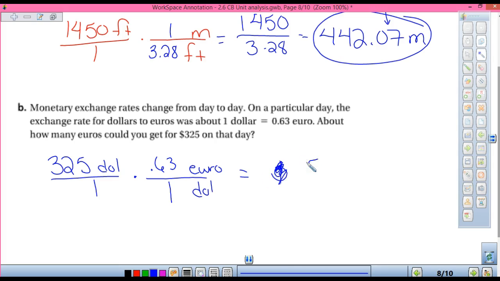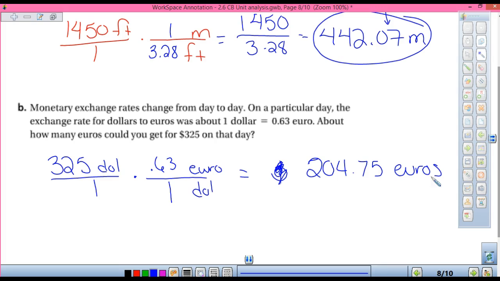It's not $204.75, it's 204.75 euros. So when you exchange that, your money's not worth as much when you go overseas.